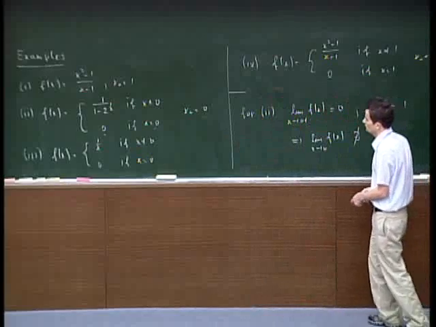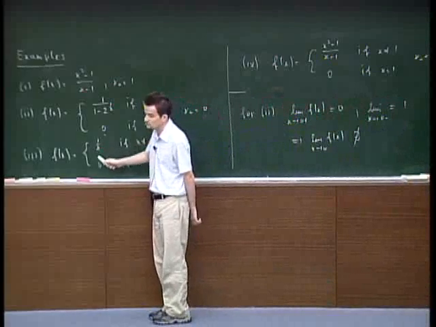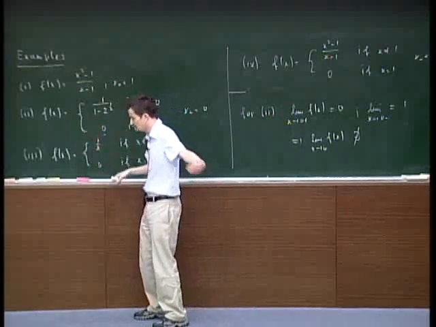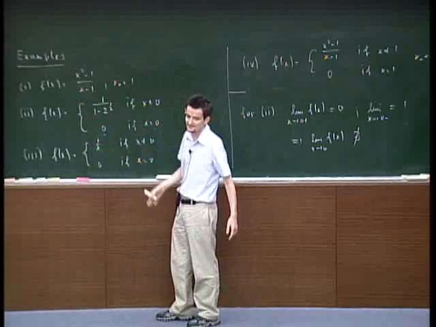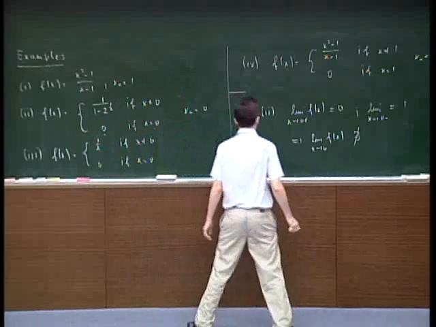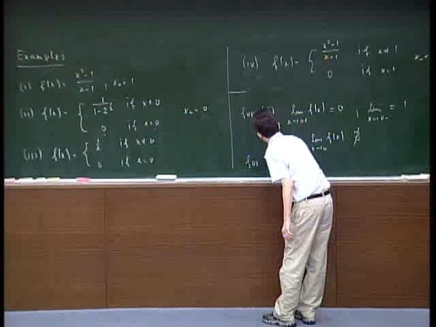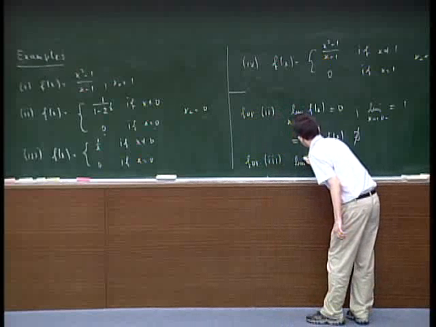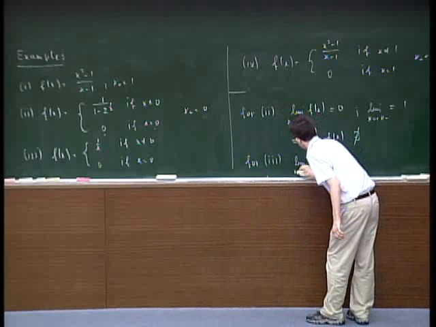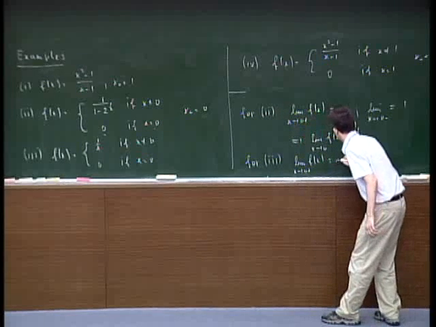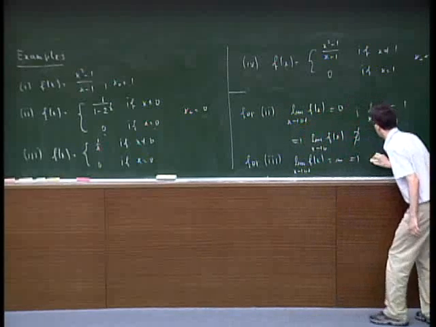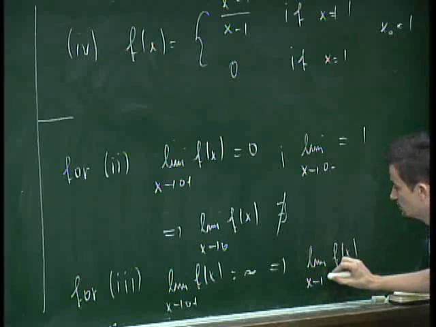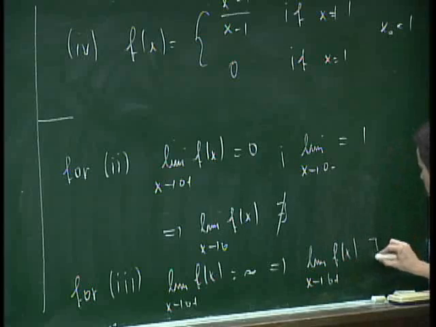Now, for this function, as x tends to 0, if you come from the right, it tends to plus infinity. If you come from the left, it tends to minus infinity, so the limit doesn't exist. For instance, the limit of f of x as x tends to 0 from the right is plus infinity. So from this you already know that the limit does not exist.